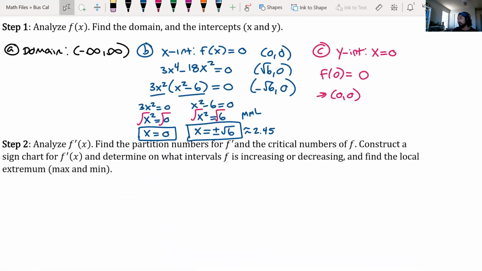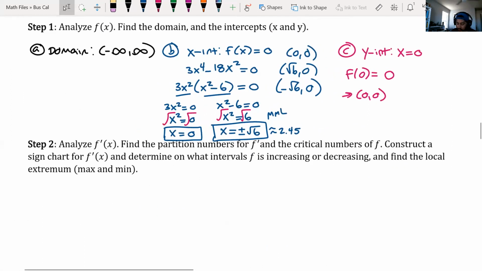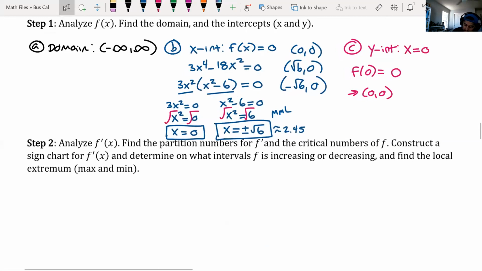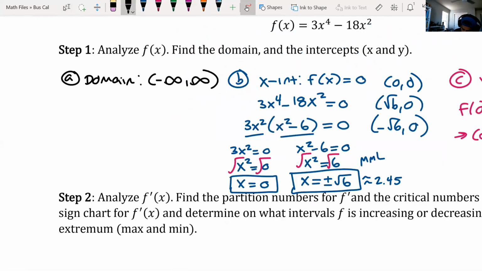Now moving on to step 2. We're about to do everything we did on Thursday. So let's go ahead and find the first derivative. Let me zoom out there. And the first derivative is going to be f prime of x, and it's going to be 12x cubed minus 36x.